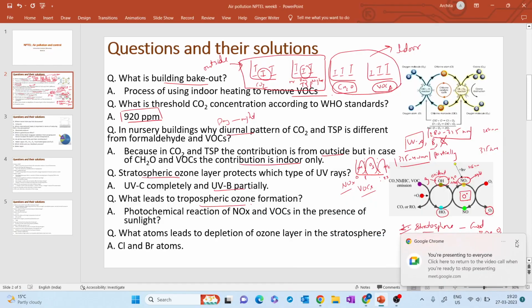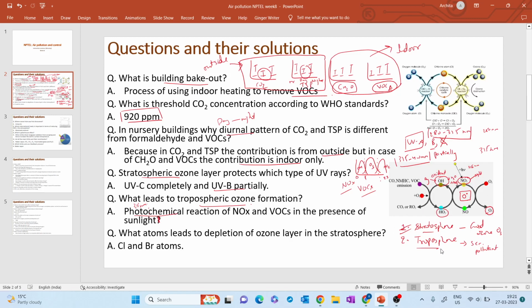Now, why is it called a photochemical reaction? It is because there is a need of sunlight, which is the hν, and it is chemical because a lot of chemical reactions are taking place.